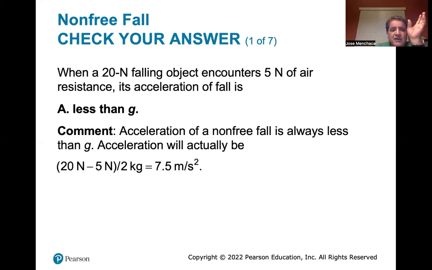So it's less than g. Acceleration of a non-free fall object is always less than g. Acceleration will actually be the 20 minus the 5 gives you 15, divided by 2 gives you 7.5 meters per second squared.